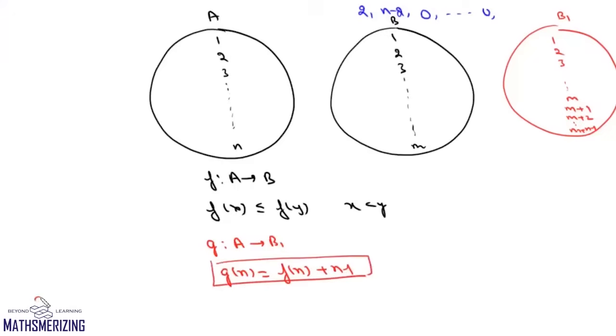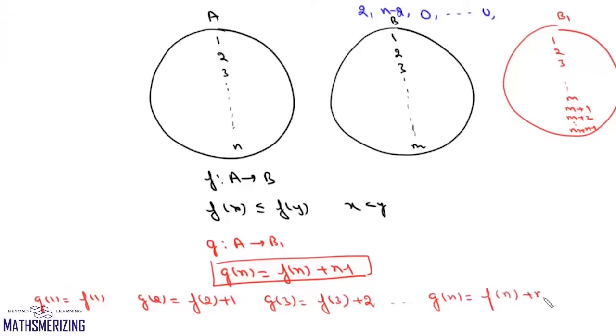So in other words, we can write g(1) as f(1), g(2) as f(2) plus 1, g(3) as f(3) plus 2, and g(n) as f(n) plus n minus 1.